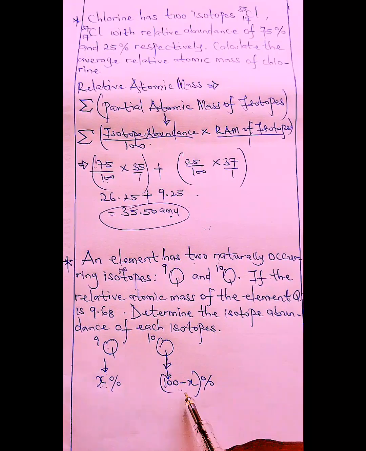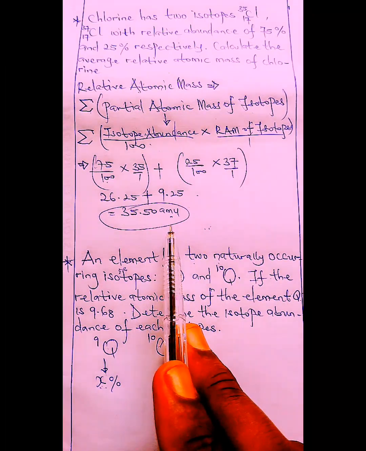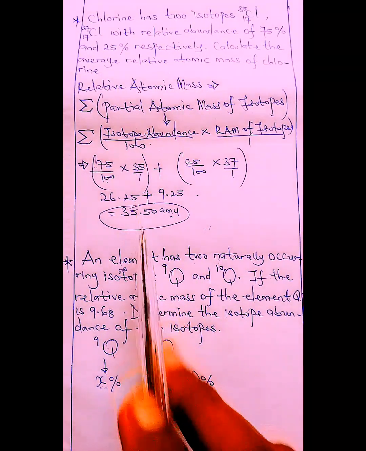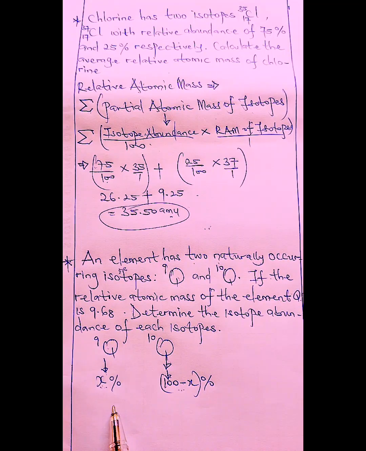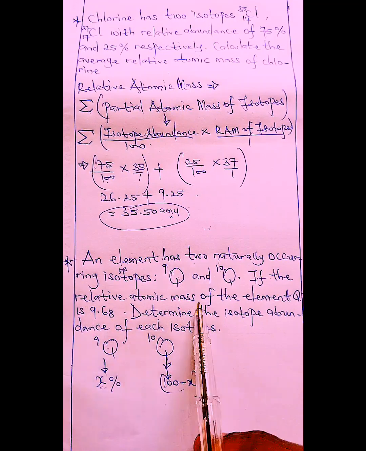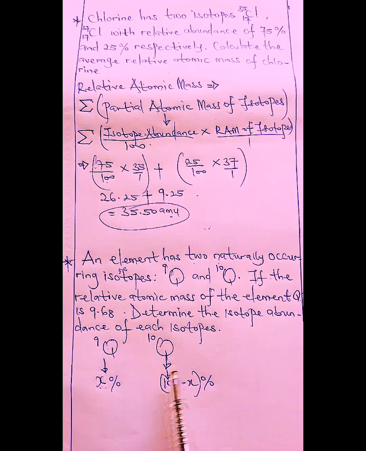So if here is X%, then here is 100 minus X%. We're going to use each of them to get our partial atomic mass unit for each of the isotopes, just like what we have up there. By the time we get our partial atomic mass units, we can sum them up, and we're going to end up getting 9.68, which is the relative atomic mass unit. That's the first step.